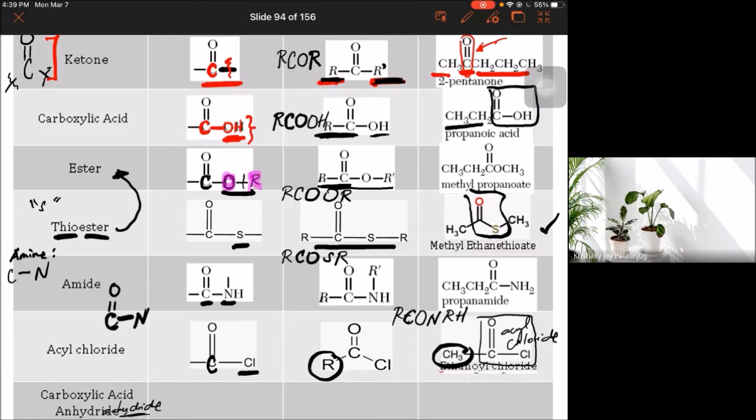It is named carboxylic acid anhydride because this class of compounds is produced by simply reacting two carboxylic acids. That is why, as you can see, the functional group looks like two carboxylic acids combined, based on the structure.